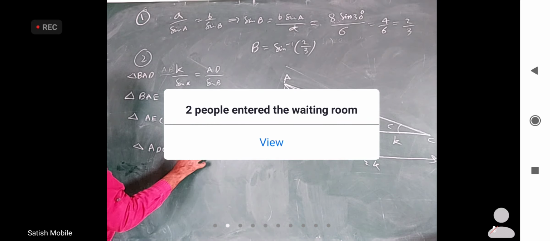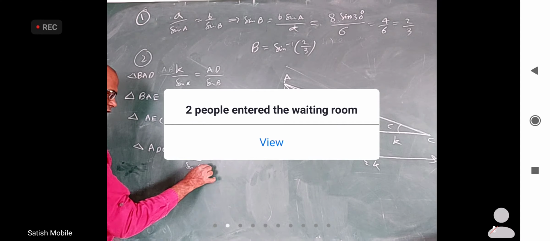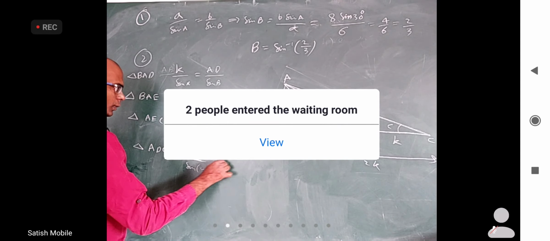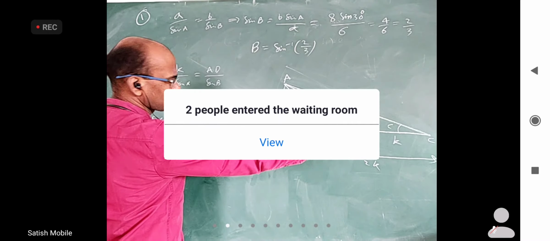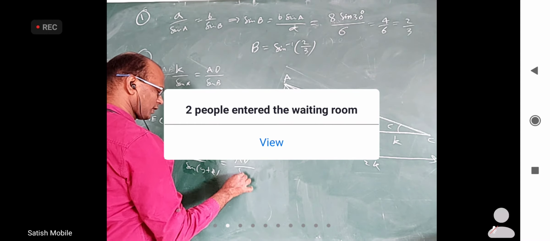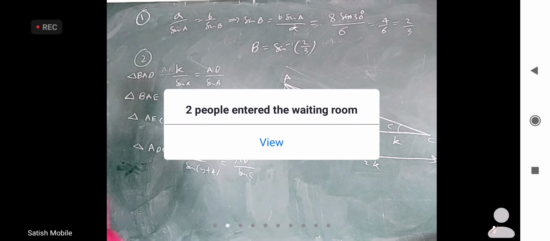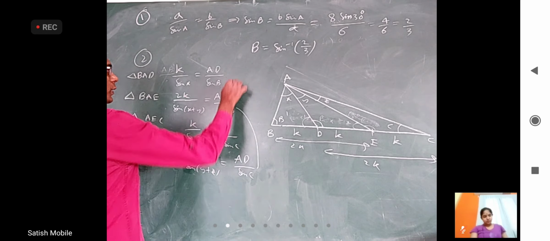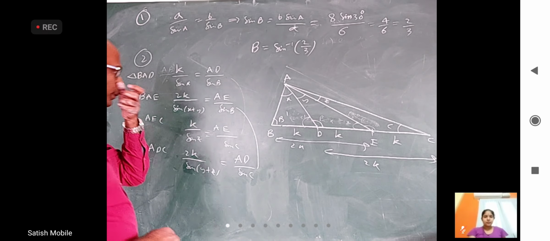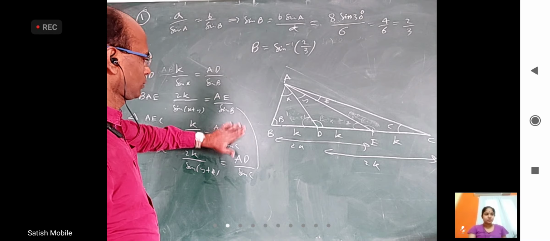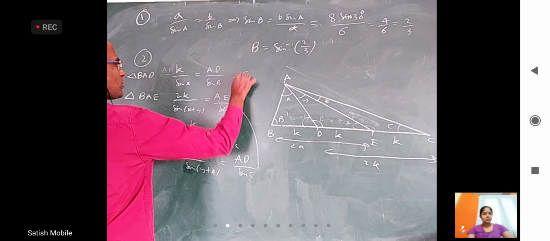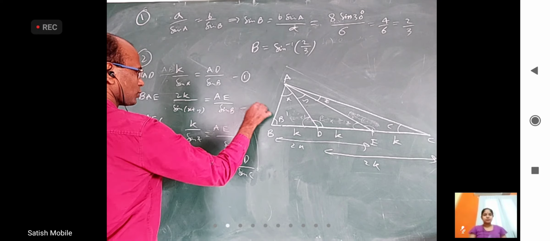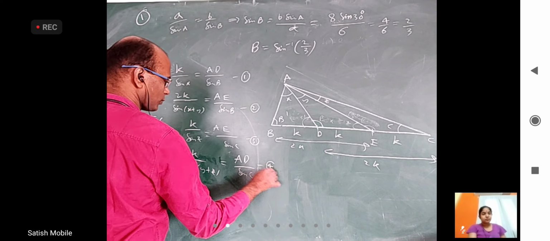That will be 2K by sine Y plus Z equal to opposite to ADC, AD by sine C. Okay, they want sine X plus Y into sine Y plus Z. So I have to multiply these two. So let us multiply these two and these two and see what will come. This is equation 1, this is equation 2, this is 3 and this is 4.